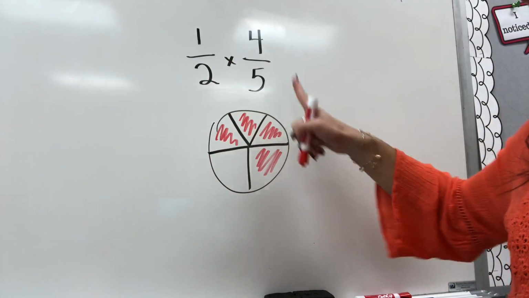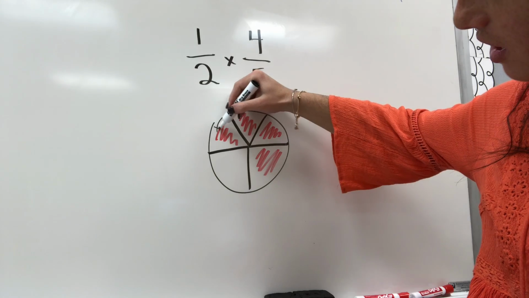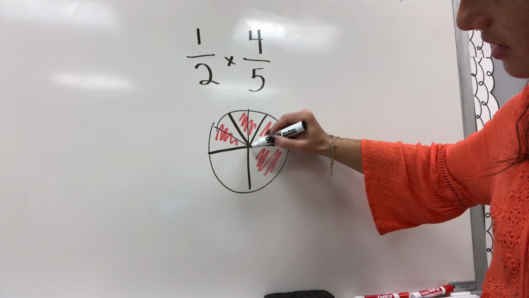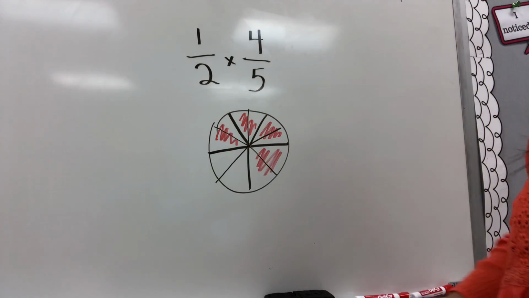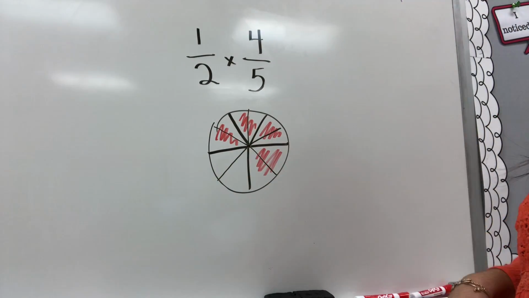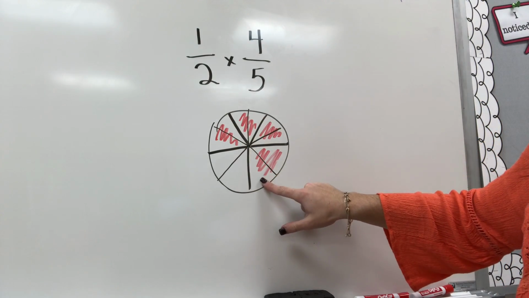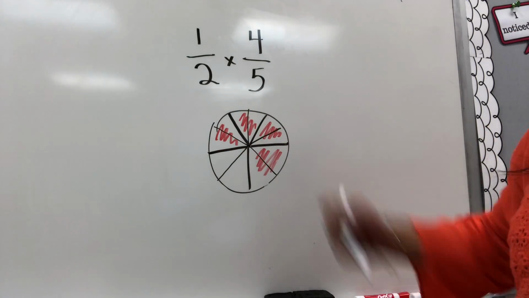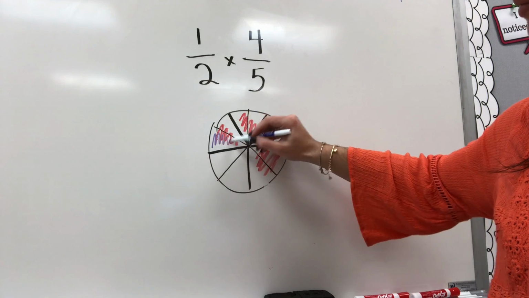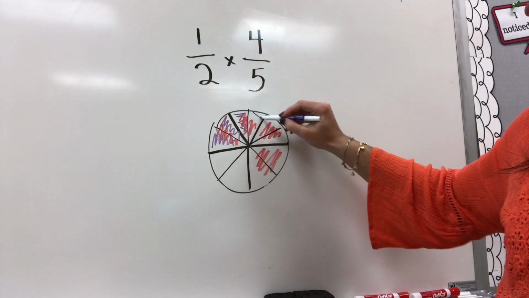And I want half of 4/5. So I need to divide all of my pieces in half. Okay, so now they're in halves, and I want 1/2. So if I have 1, 2, 3, 4, 5, 6, 7, 8 shaded, I want half of 8, which is 4, which means I need to shade 1, 2, 3, 4 pieces.